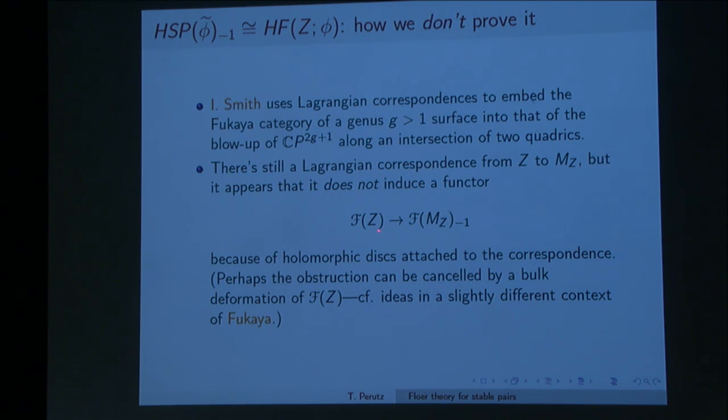One would have to deform this Fukaya category, perhaps by making a bulk deformation. And it's not yet clear what deformation will actually make that work. Okay. So it's the obstructedness of this functor that means that we don't know how to use Lagrangian correspondence methods in this setting.